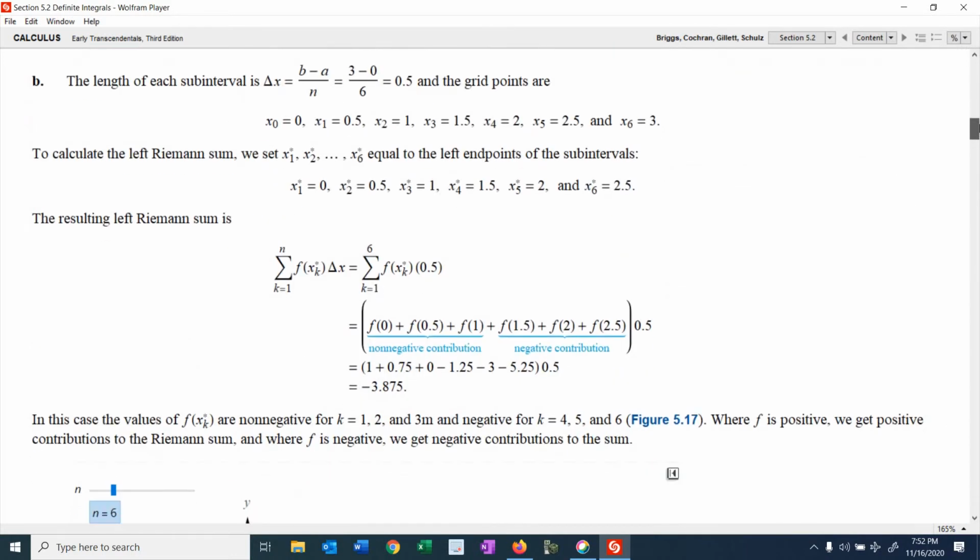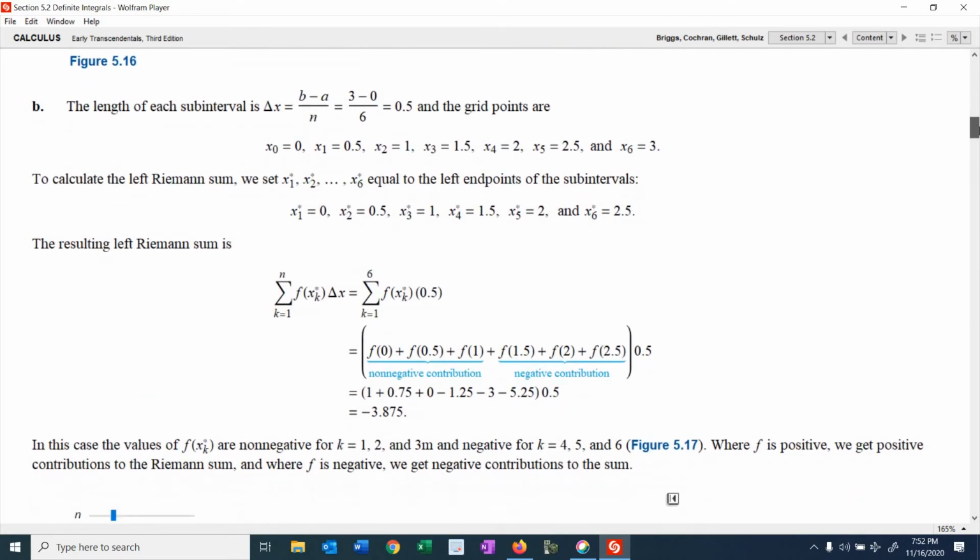Remember, when you create a Riemann sum, the first thing you need to do is create a regular partition of your interval, in this case from 0 to 3. A regular partition means that each of the subintervals has the same width. The width of each subinterval is b minus a divided by n, which we call delta x.